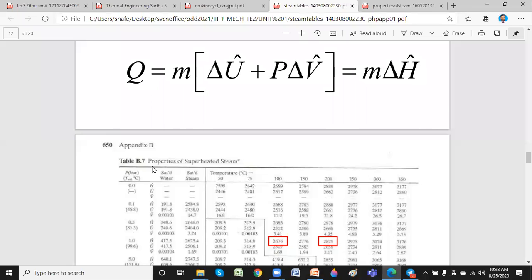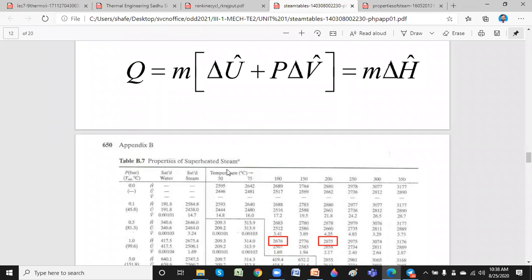You have a table separately in your steam tables which indicates the properties of superheated steam directly. If the superheated temperature is given as 150 degrees, straight away from the steam tables I can find it like this.